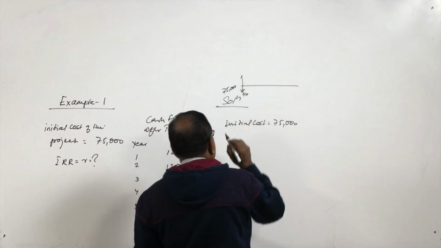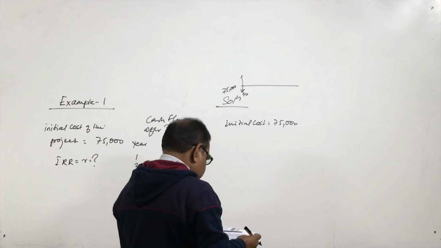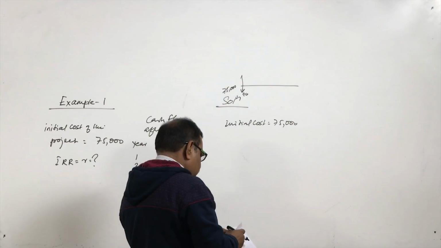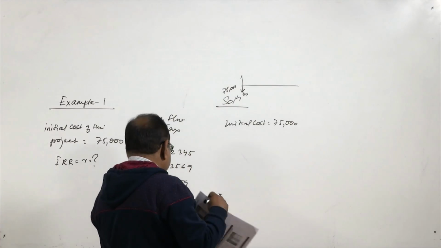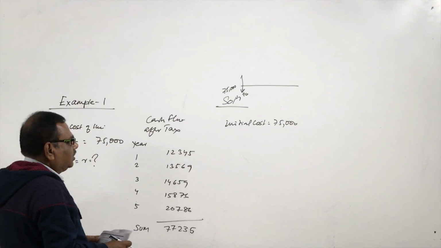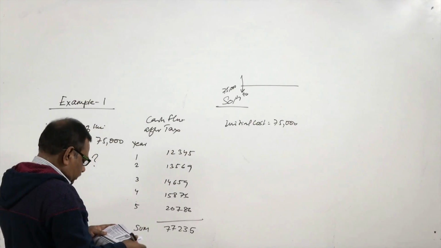This is the present value, we do not have to change this because this is the present value, whereas the cash inflows here we have to convert to the present value.